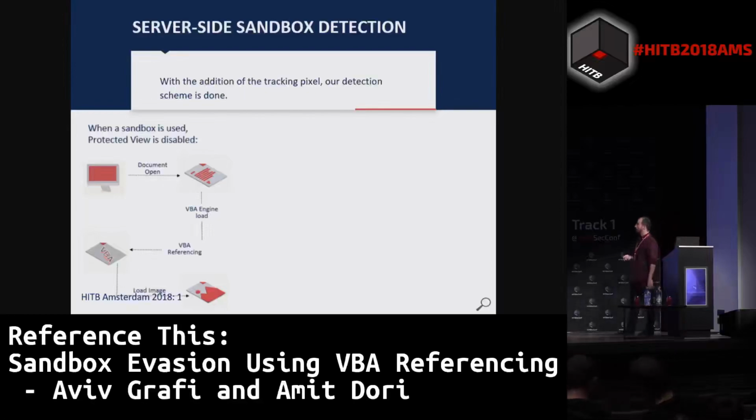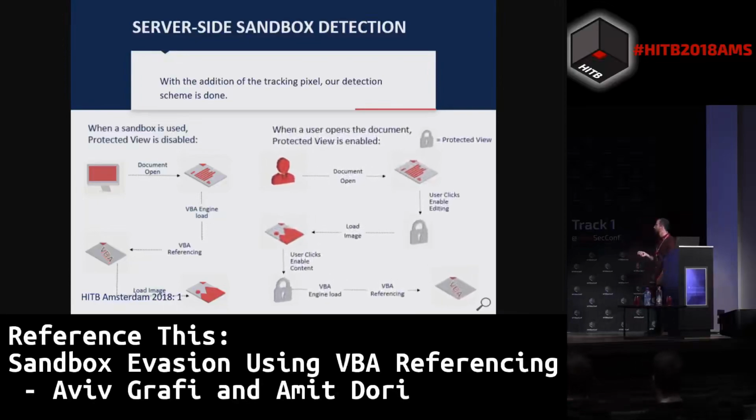This is nice. And when a user is opening the document, we have protected view, which is what this lock symbolizes. And the user opens the document, and everything is blocked. This is protected view. And it asks you, do you want to load the suspicious internet files first? If you do, please enable editing. If you don't, I won't be loading anything. The document is blocked.